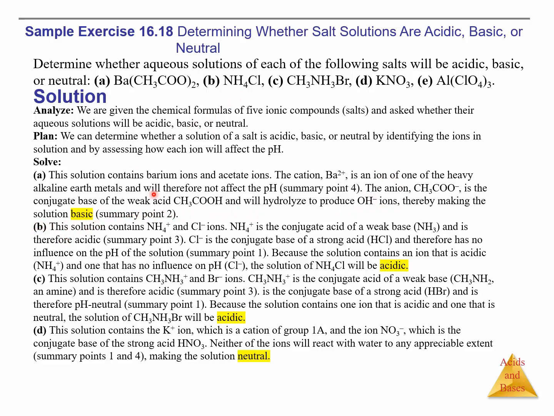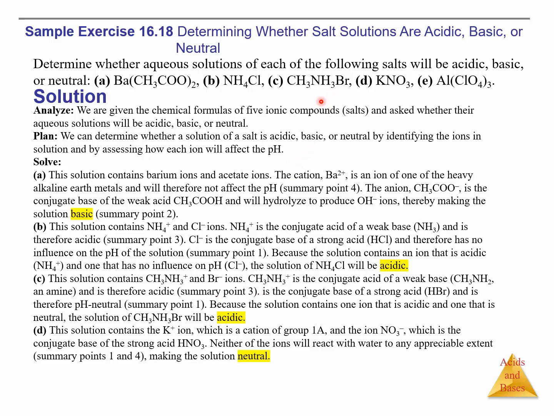Now in the second example, NH4Cl, this solution contains NH4+ and Cl- ions. NH4+ is the conjugate acid of a weak base and is therefore acidic. Cl- is the conjugate base of a strong acid and therefore has no influence on the pH. Because the solution contains one ion that is acidic, NH4+, and one that has no influence, the solution will be acidic.